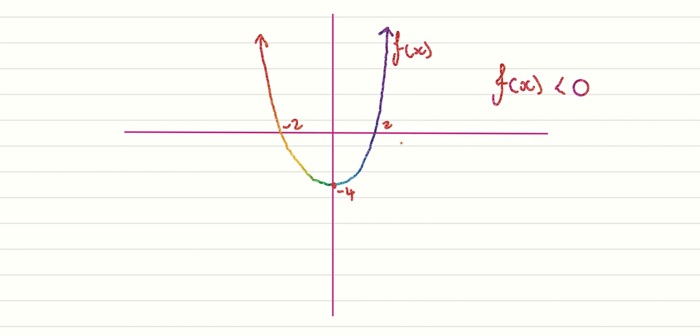Remember, the only 2 situations are either your function versus the x-axis or your function versus another function. Because there is no other function here, we are talking about our function versus the x-axis.